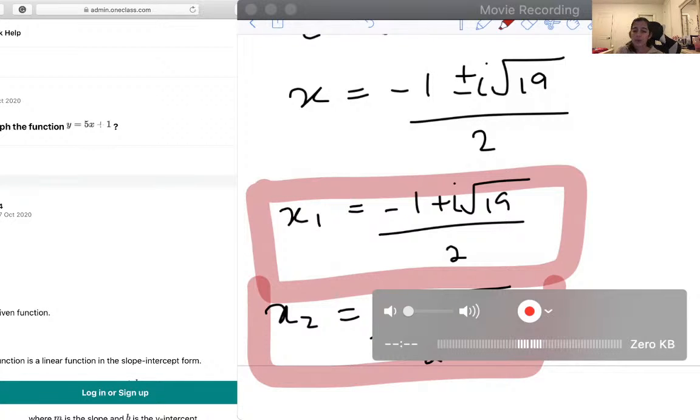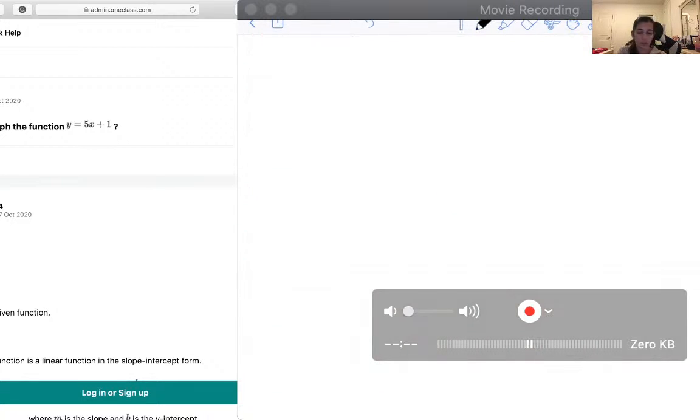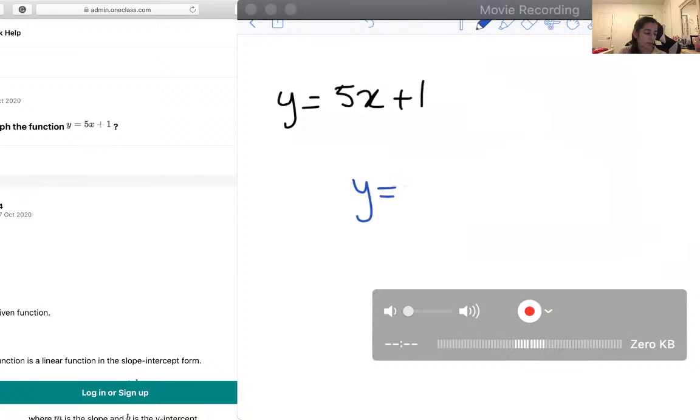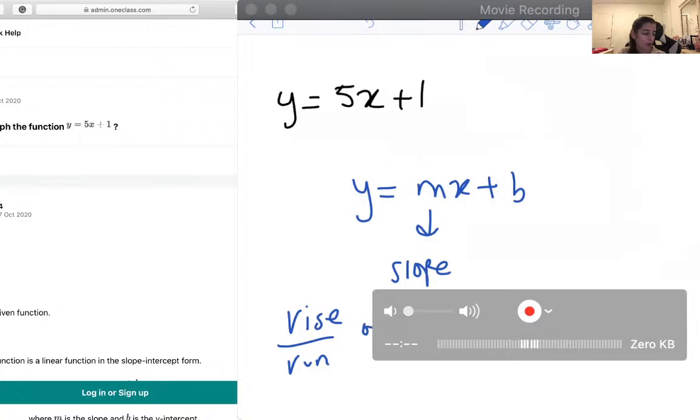How do you graph the function y is equal to 5x plus 1? So, we are given a linear equation. y is equal to 5x plus 1. The standard equation of a line is y is equal to mx plus b. Our m being the slope, which is either rise over run, or y2 minus y1 over x2 minus x1.